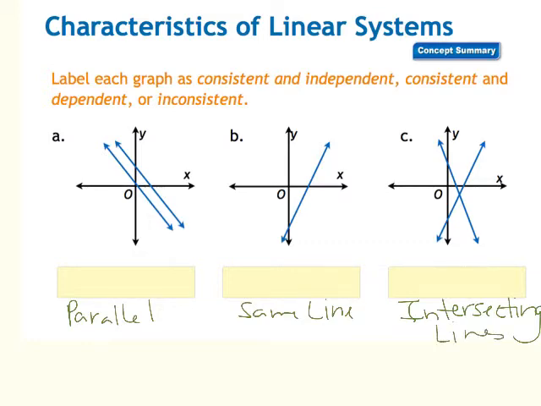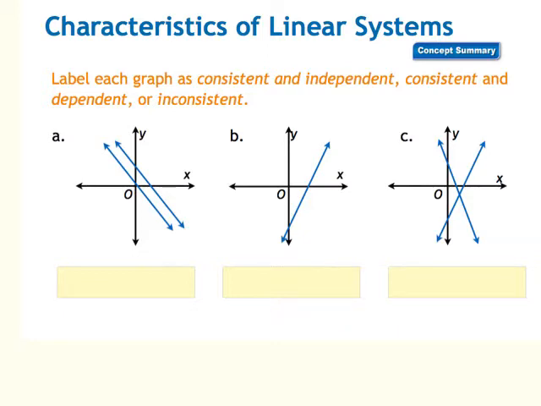Now let's actually label these. So let me erase this. Okay. So for A, when you have parallel lines, that means it's inconsistent. For B, it's going to be consistent because they do have some solutions.